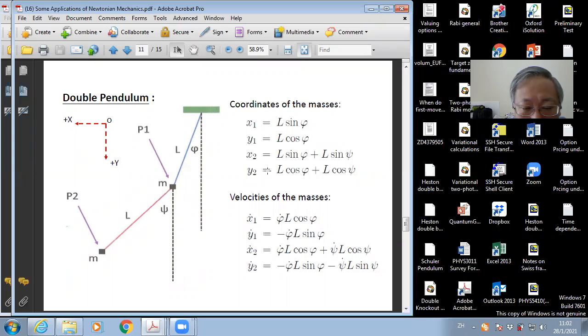So the concept of generalized coordinates is very useful because generalized coordinates must be the independent variables of the system, or independent coordinates of the system.